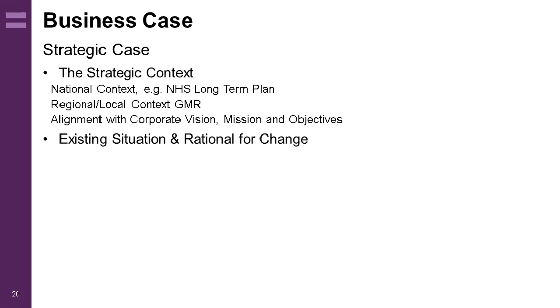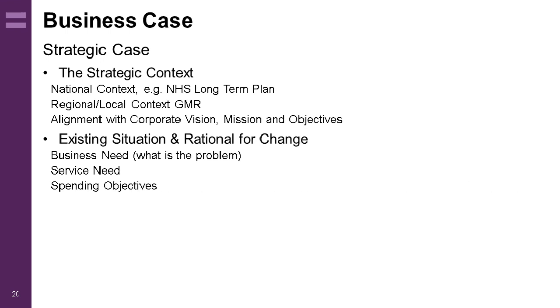This section is also used to describe the existing situation, the issue or problem to be resolved, or what the business need is. It will express the product or service need and what the spending objectives are. In this section, you would then go on to discuss the solution design, including what the options are, and to appraise those options and state the chosen option, with the rationale for making that choice.